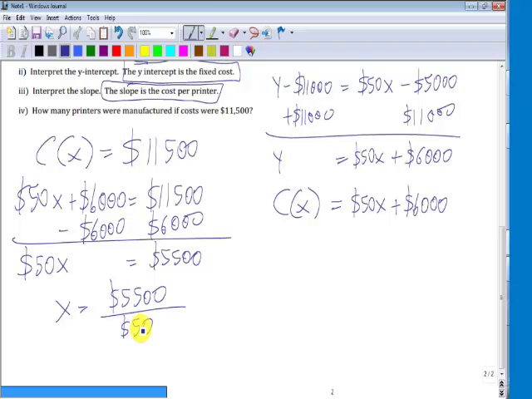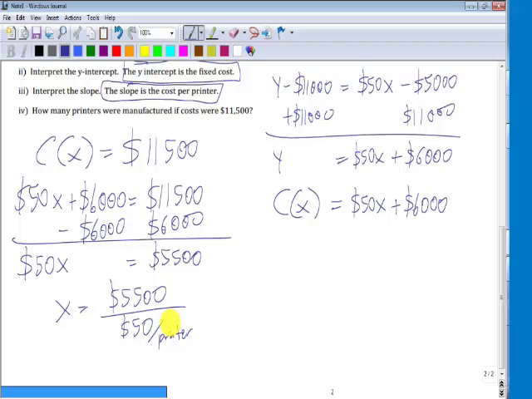And look at what's going on with the units here, because I actually could include the units in this case. $5,500 divided by $50 per printer. That's what we're actually dividing by. We're not dividing just by $50. We're dividing by $50 per printer, because that's what the slope represents. It's the cost per printer. And so if we do this, the dollars divide out.